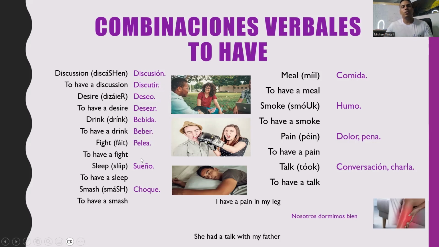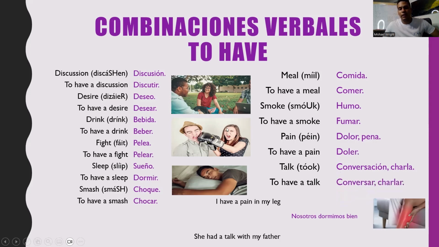Fight, to have a fight, the action. Sleep, to have sleep, which is dormir. Smash, to have smash, chocar. Meal, to have a meal, comer. Smoke, to have smoke. Pain, to have a pain, doler. Talk, to have a talk, conversar.